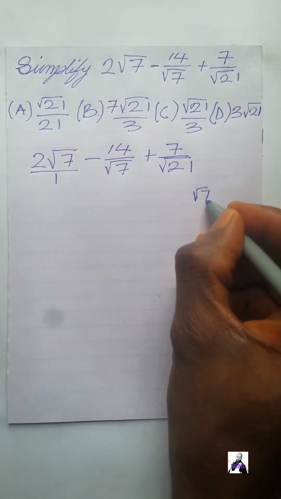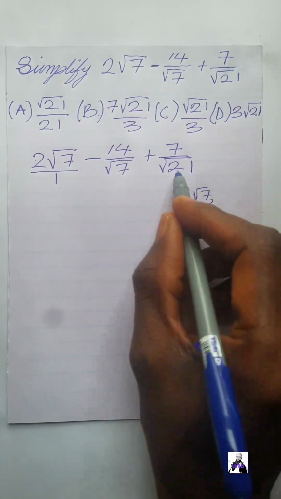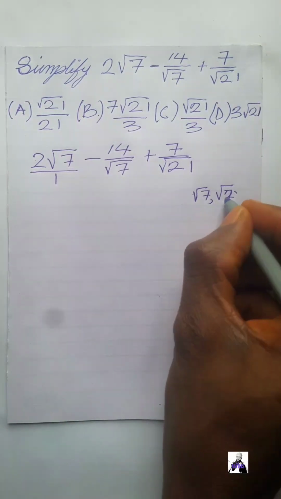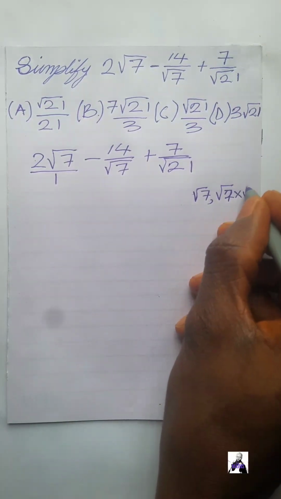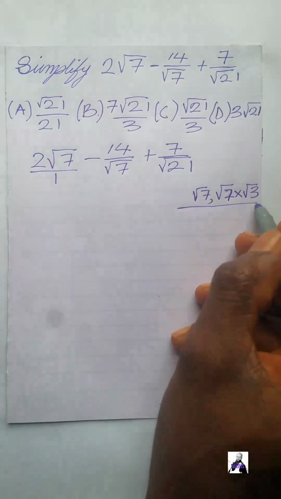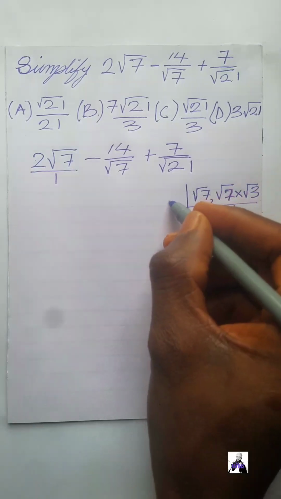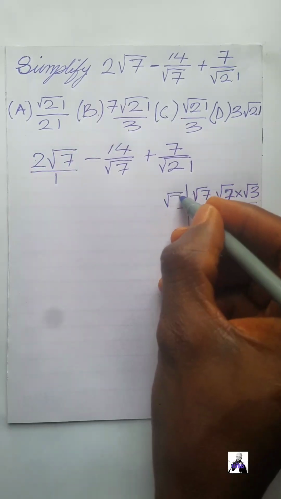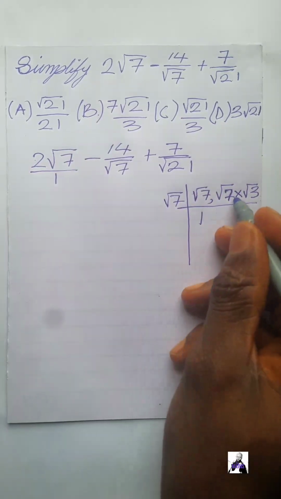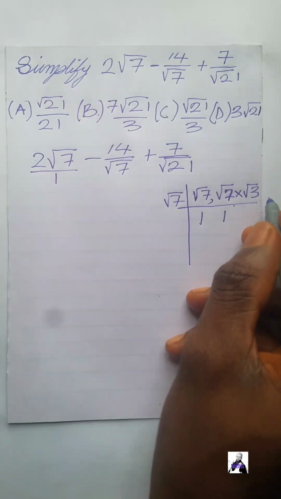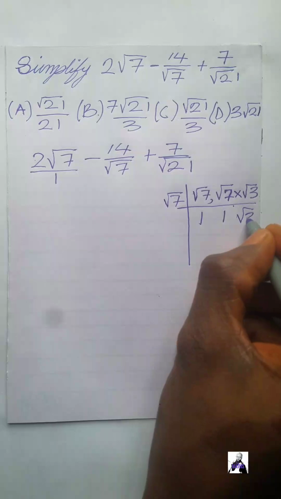We have root 7, and then let me break this root 21 into root 7 times root 3. Now let's take factors of these numbers. Root 7 goes into root 7, 1; goes into root 7, 1 again, but can't go into root 3, so we copy down root 3.